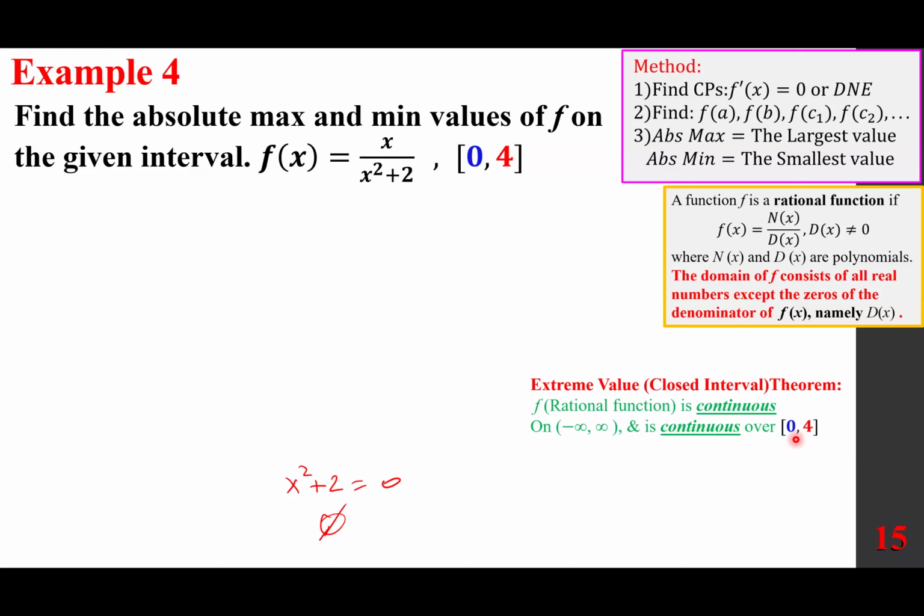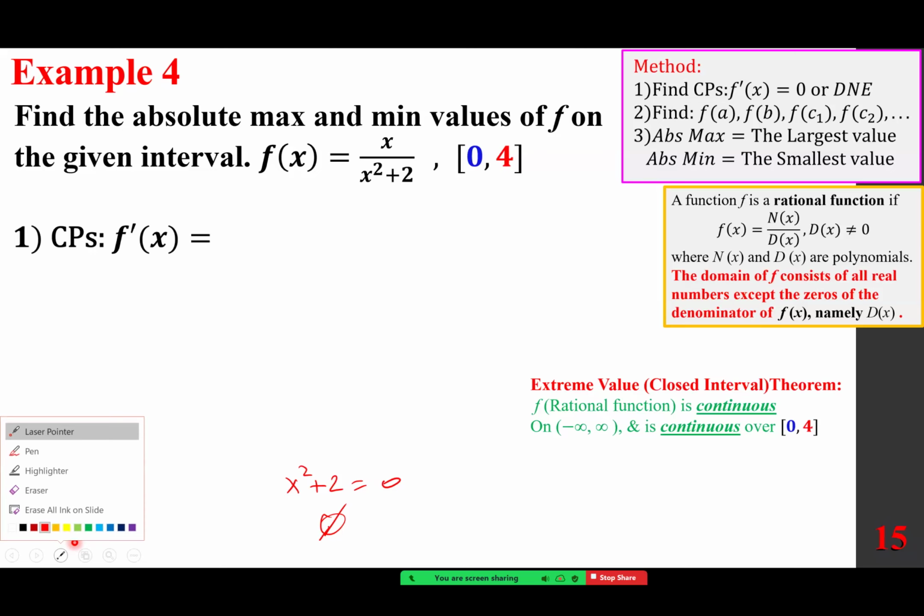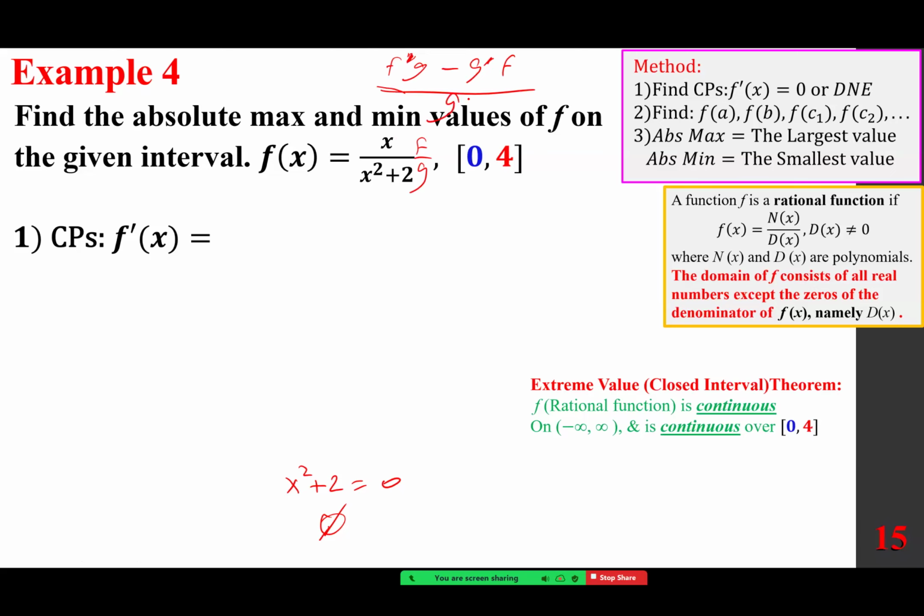All right, so let's find f prime of x. To find that, we are going to use the quotient rule: f prime g minus g prime f over g squared.